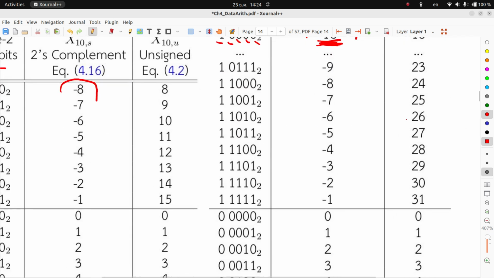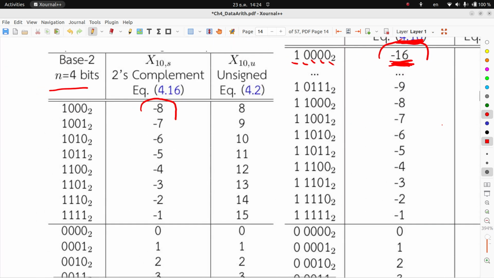Okay. And you can see something like this. 1 0 0 1, that's minus 7.